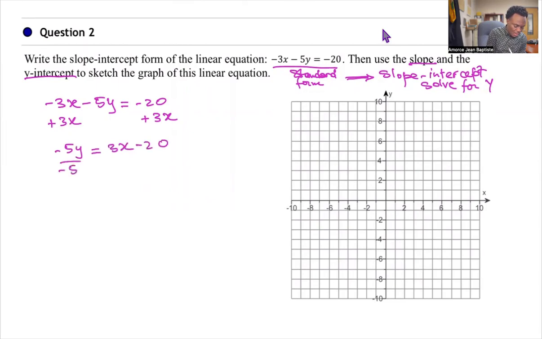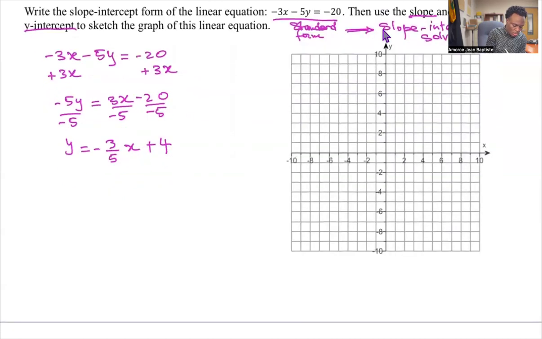Then if we divide by negative 5, y equals negative 3/5 x plus 4. Slope is negative 3/5, and then the y-intercept is 0, 4.